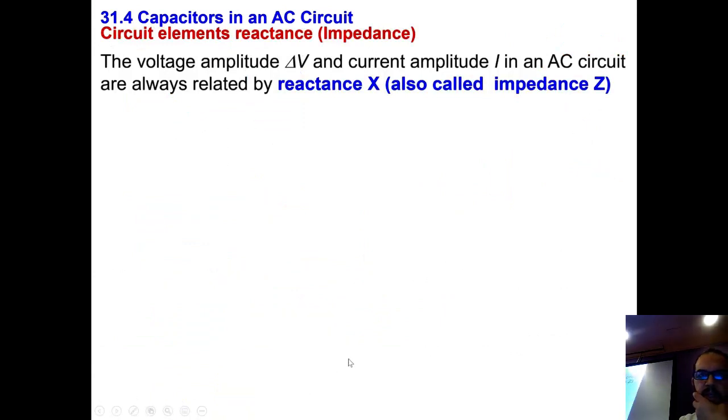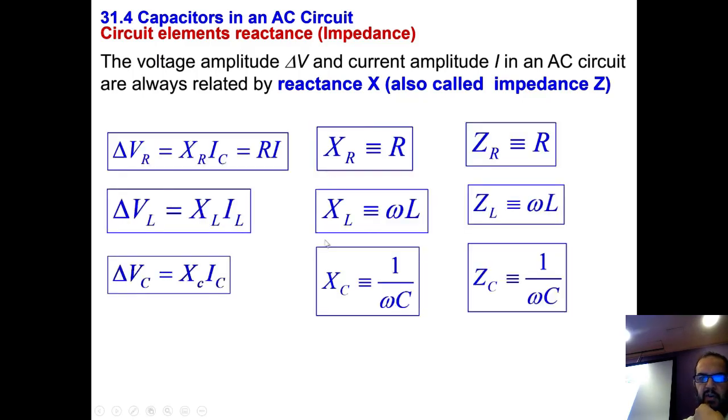Okay, so let's summarize. The voltage amplitude delta V and current amplitude I in an AC circuit are always related by the reactance X, or sometimes called the impedance Z. So for a resistor, the impedance is R, so delta V is XR times IR. For an inductor, it's omega L, delta VL is equal to XL times IL, and for a capacitor, the capacitive reactance is 1 over omega C, and you can get the same equation.